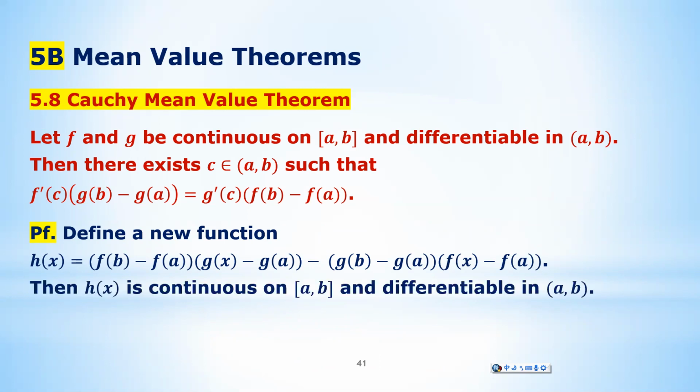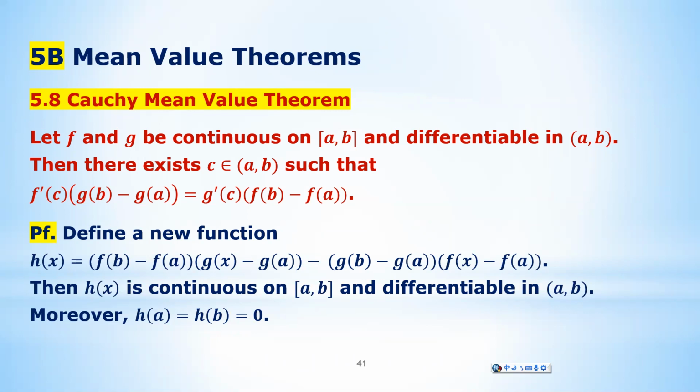This H function satisfies the same kind of condition. H is continuous on the closed interval [a, b] and differentiable on the open interval (a, b). Moreover, surprisingly, H(a) equals H(b) equals 0.